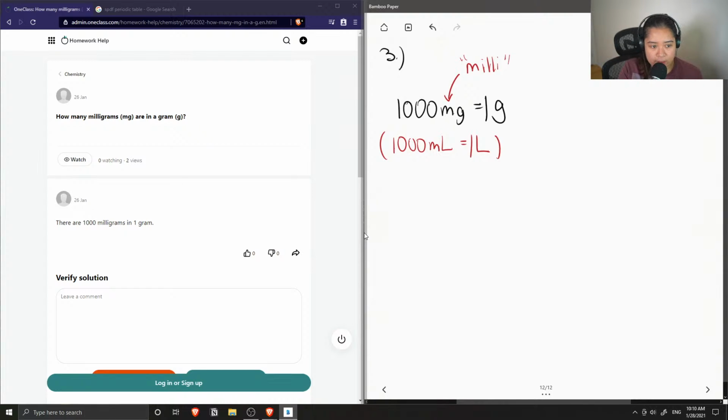So let's try to do an example question. So let's say we want to find out how many milligrams are in 0.75 grams.